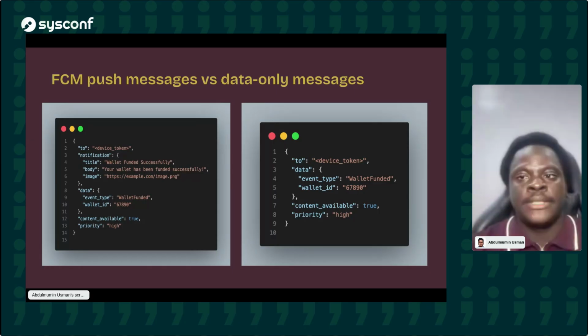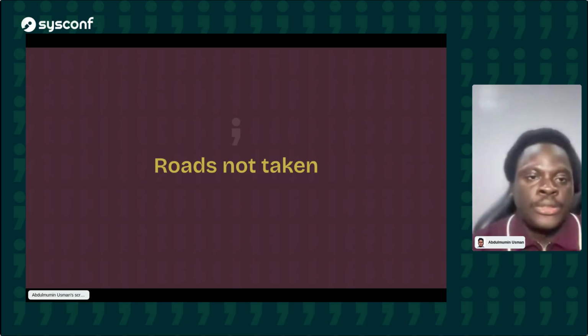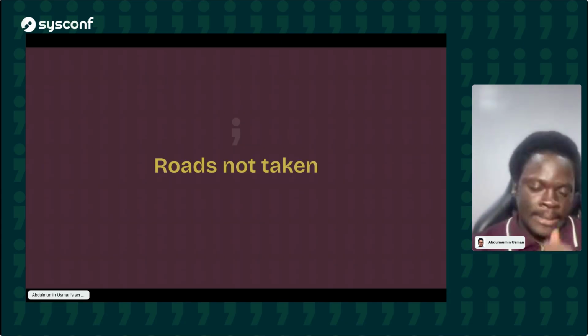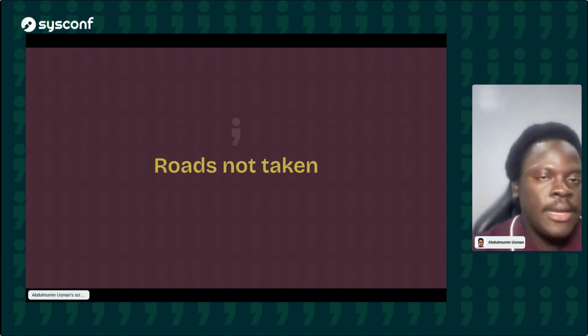They just see it. It's near real time, not as real time, but near real time. For this use case, it's sufficient.